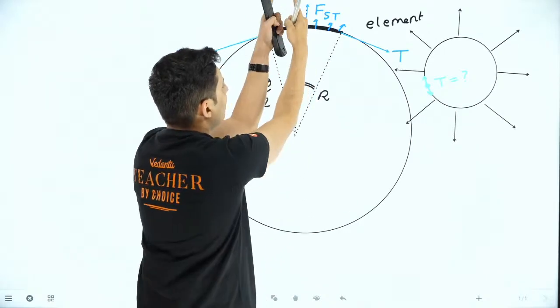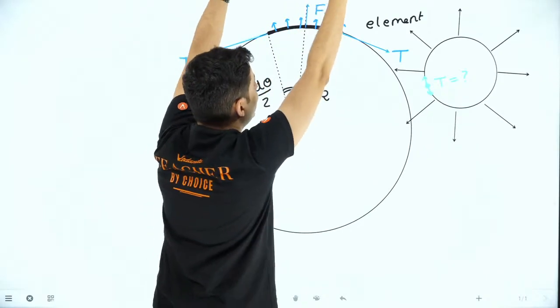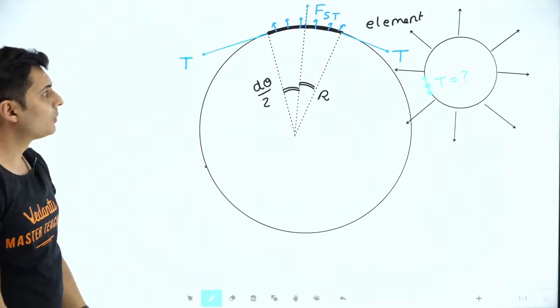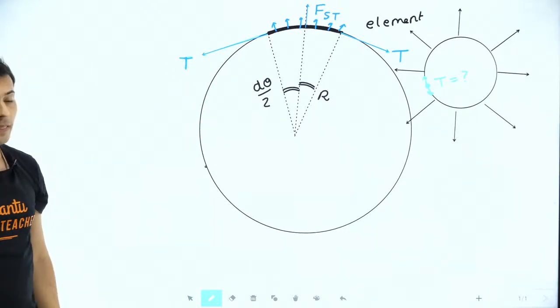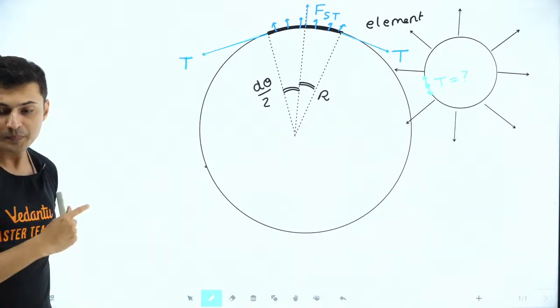Think about it. The resultant will be up because the liquid is trying to pull it like that. I hope this is clear.